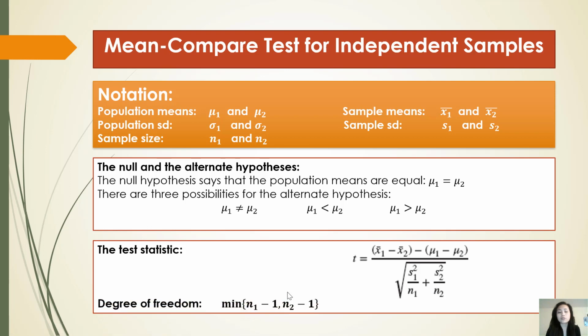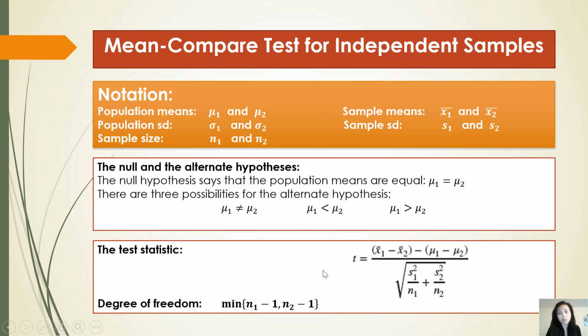And the degrees of freedom. Since here we don't know sigma, we have to work with the student t-distribution. And remember, whenever you work with the student t-distribution, you have to define the degrees of freedom.